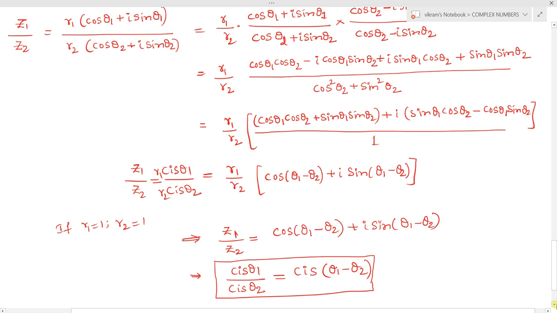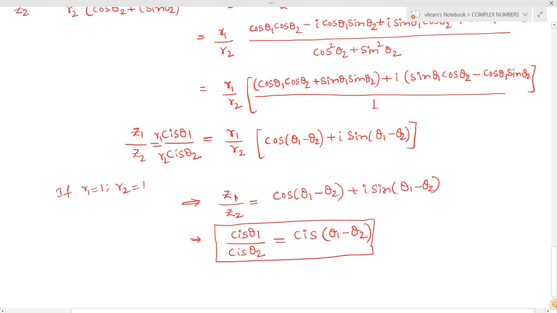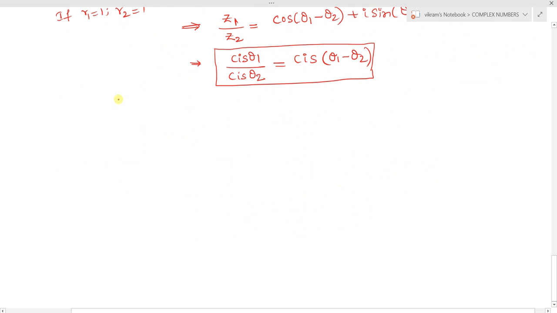Now apply the argument for this one. Considering z1 equals cos theta 1 plus i times sin theta 1, the argument of z1 is directly theta 1.